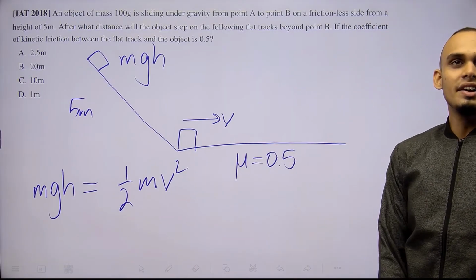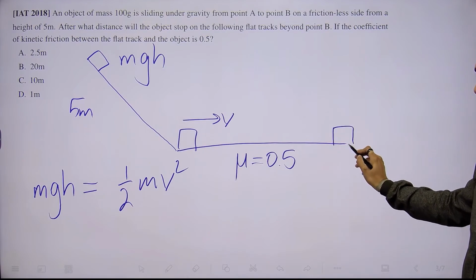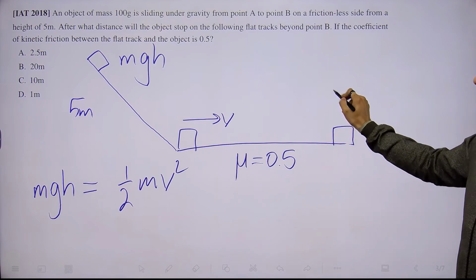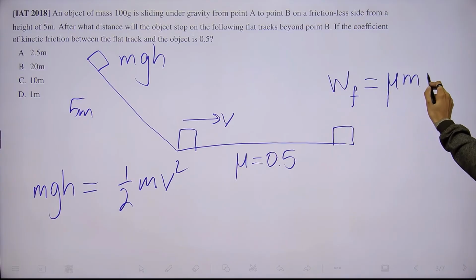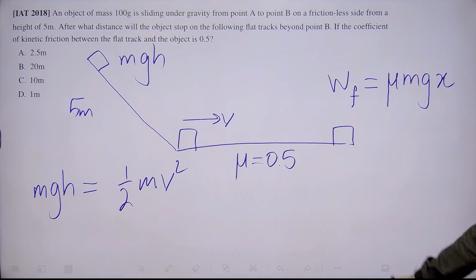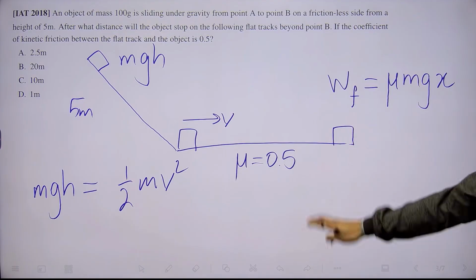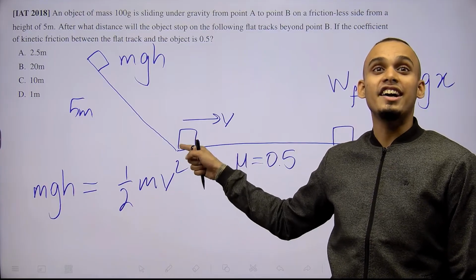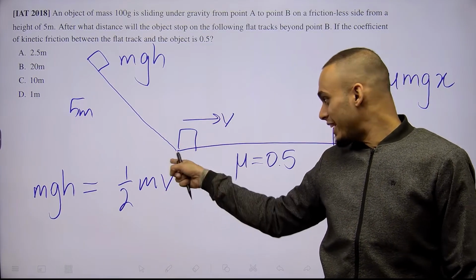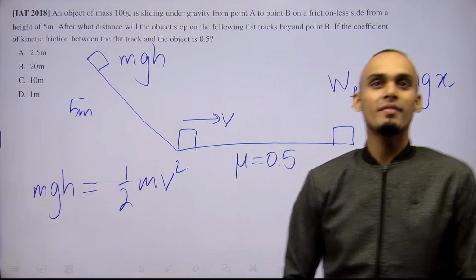And since the object comes to rest at the end of it, the work done by friction we can write as mu into mg into x. This work done by friction will completely balance the kinetic energy with which the object had started sliding on the track, and we know that this kinetic energy was equal to mgh.